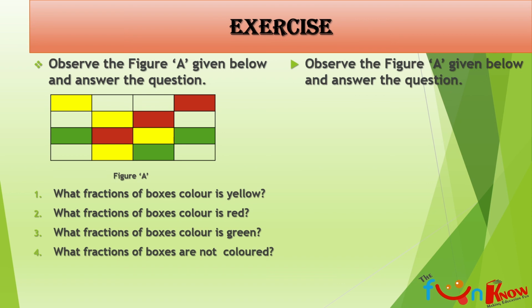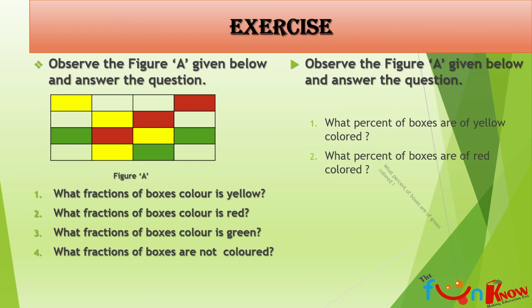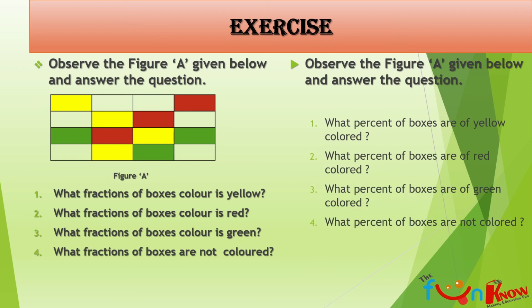Second, observe figure A and answer the question. Again, what percent of boxes are of yellow color? See, already you know the fraction of yellow color. Yellow color fraction was 1 by 4, right? It was 1 by 4 because it was actually 4 upon 16, but when you simplify it, it becomes 1 by 4.